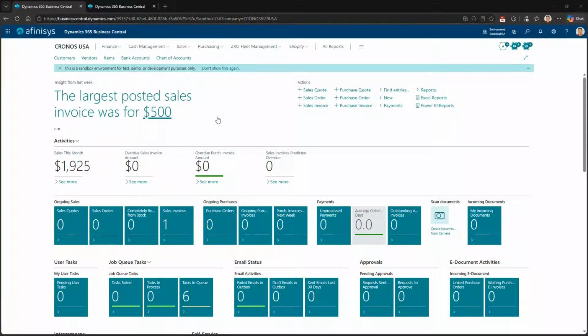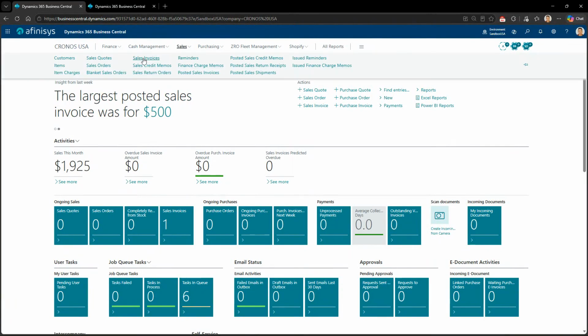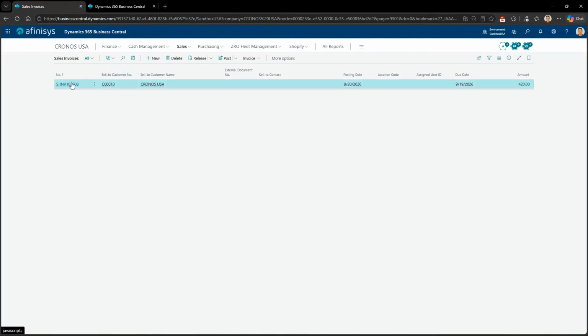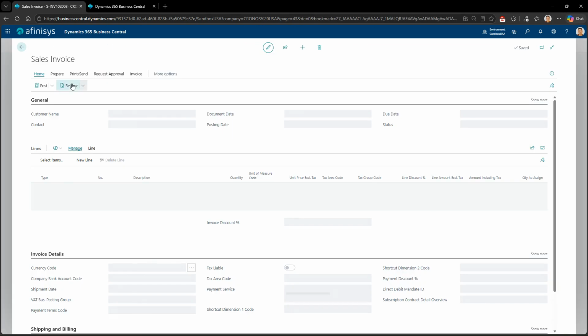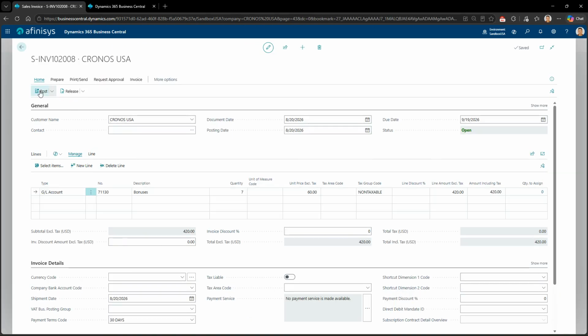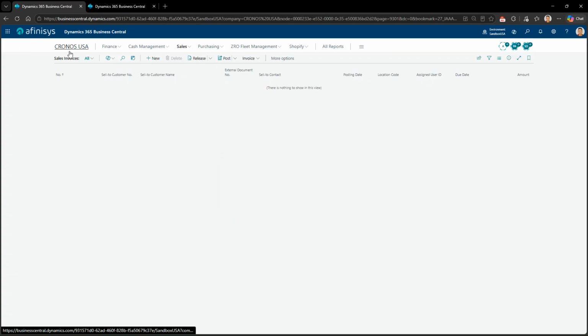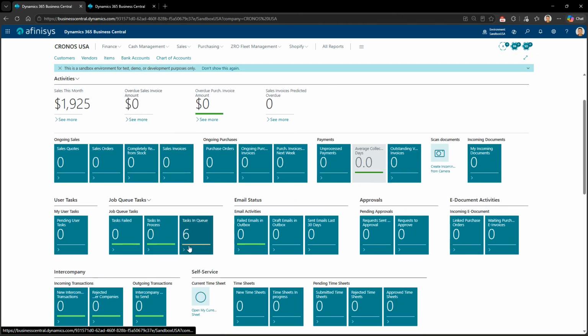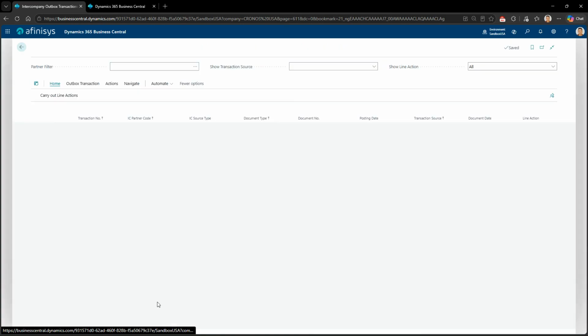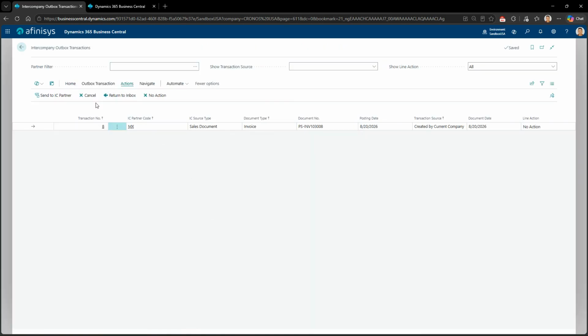Moving on to intercompany transactions, Business Central enables companies within the same organization to exchange transactions automatically. In this example, a sales invoice is created and posted in Kronos USA for an intercompany customer linked to Kronos Mix. Once posted, Business Central generates an intercompany transaction and sends it through the intercompany outbox to the destination company.